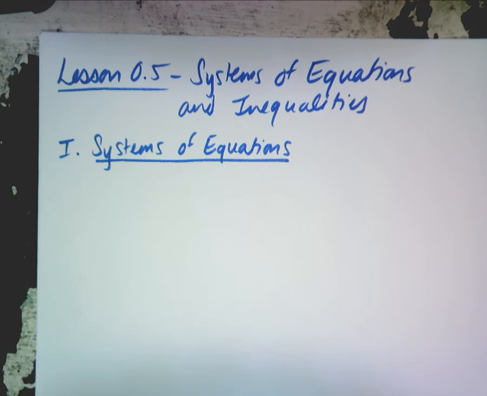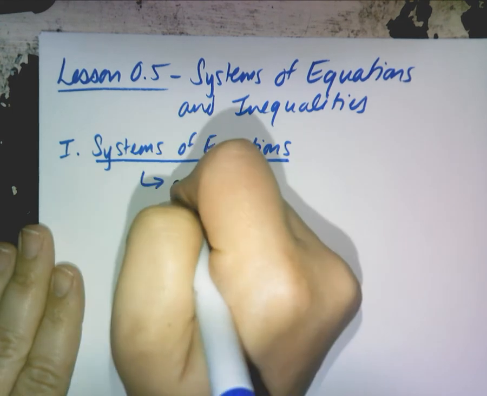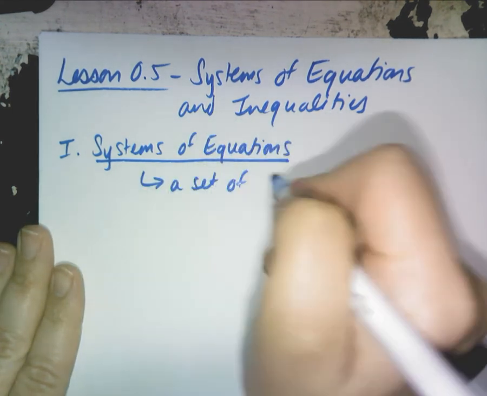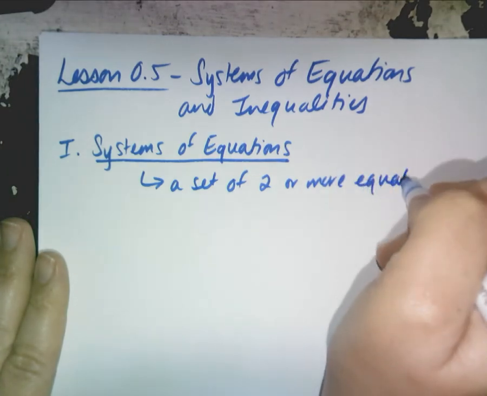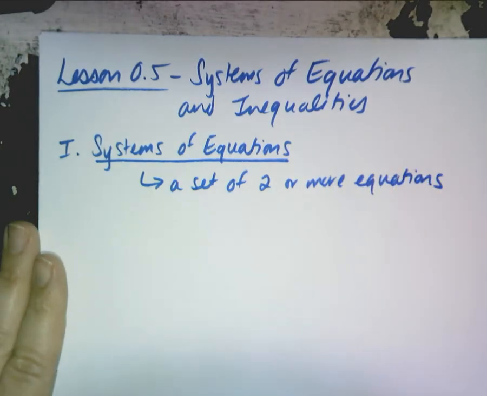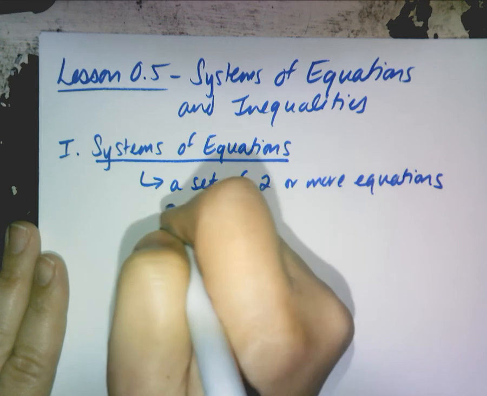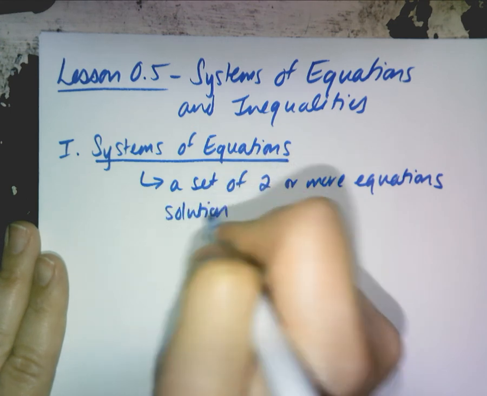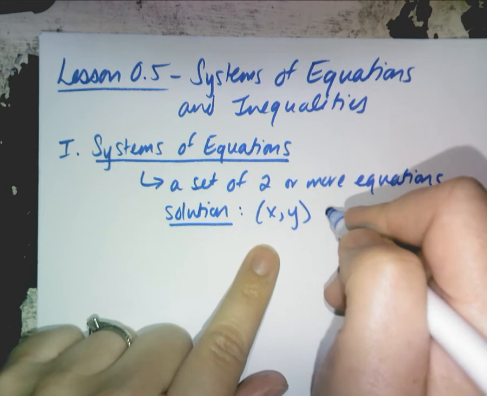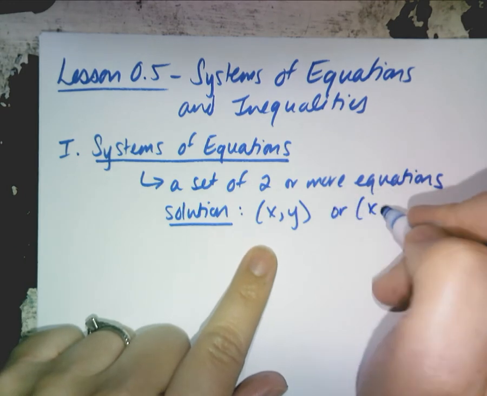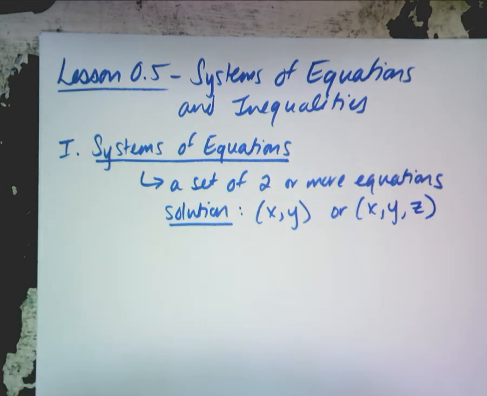All right. So we're going to do systems of equations. What is a system of equations? It is a set of two or more equations. The solution is your X and Y combination, or tomorrow when we do the XYZ, it would be an XYZ combination, okay?